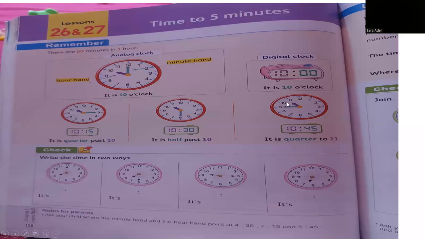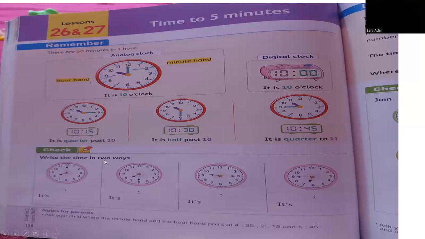Then the hour will be 10, and the minute will be 45, because at 6 is 30, then 35, 40, 45. At 9 equals 45. Then it's a quarter to 11.